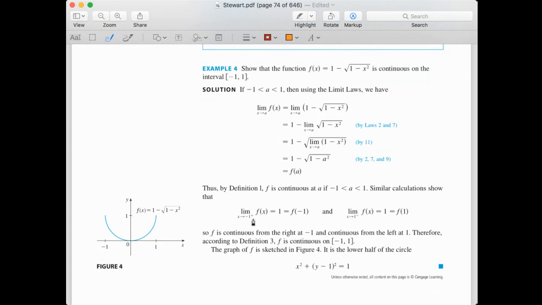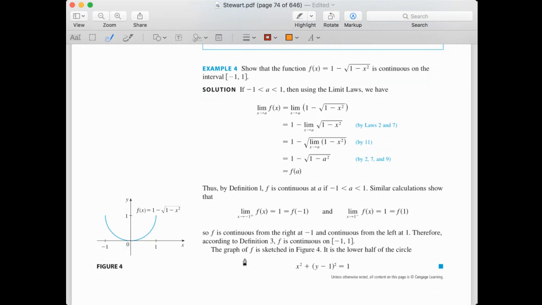So let's check the right limit. The right limit, when we do the calculation, equals 1, which is f of -1. Now what about the left limit? The left limit of f of x, doing the calculation, equals 1, which equals f of 1. So we check the two endpoints.